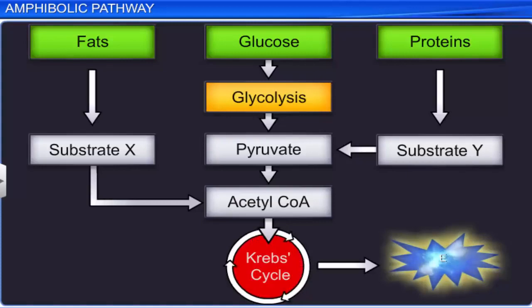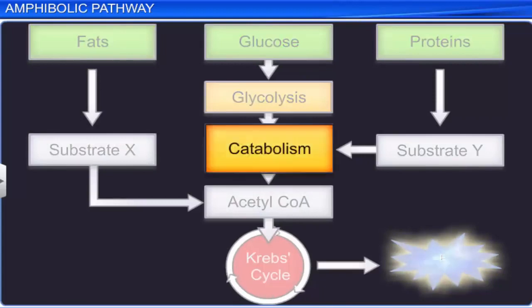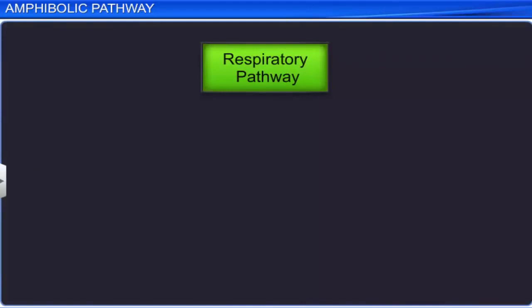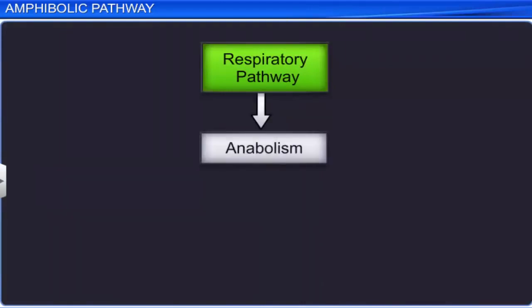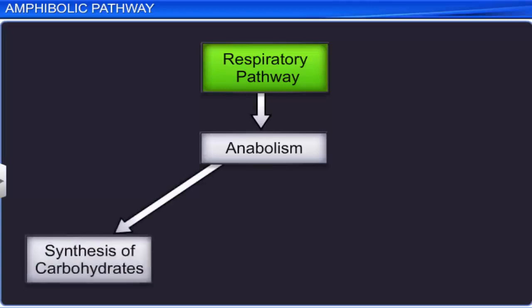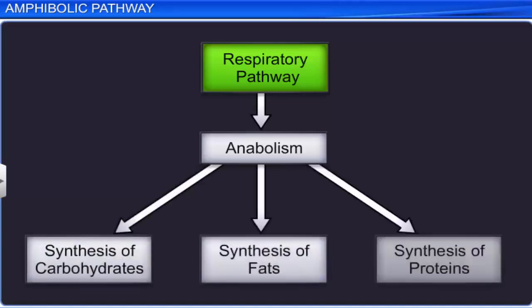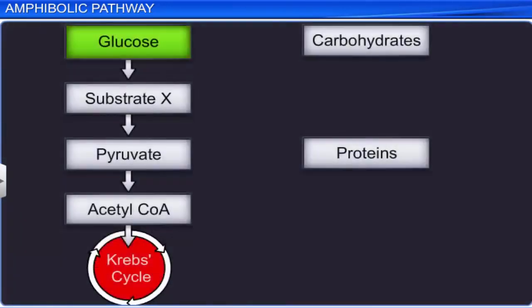These processes describe the role of the respiratory pathway in catabolism. The respiratory pathway also plays a role in anabolism, the synthesis of complex substances like carbohydrates, fats and proteins. When the plant requires proteins or carbohydrates, it can synthesize them by withdrawing some of the substrates in the respiratory pathway.